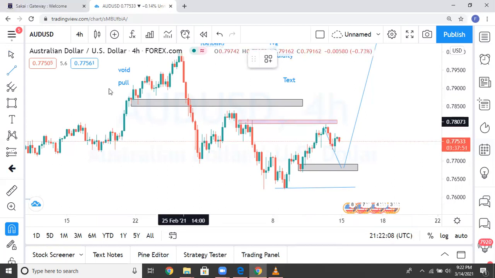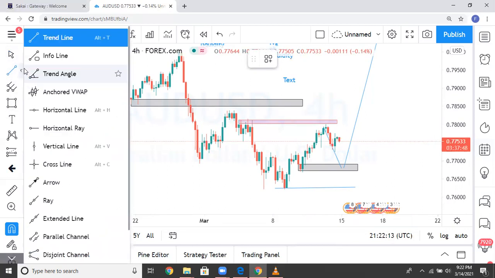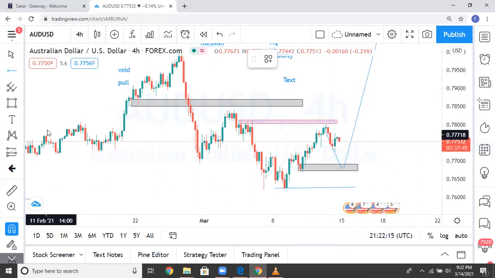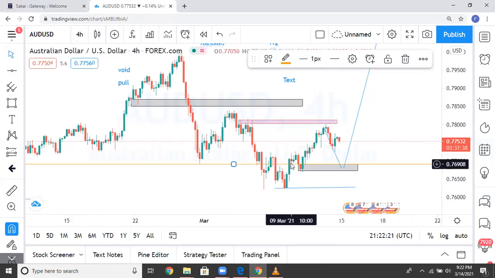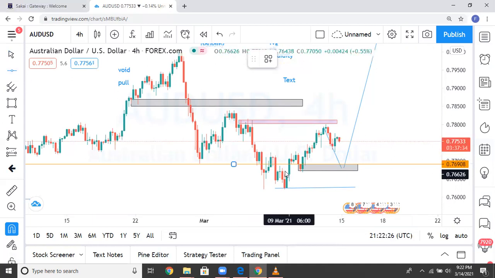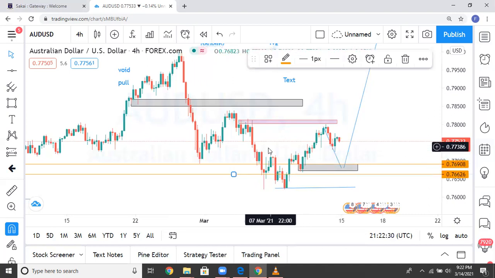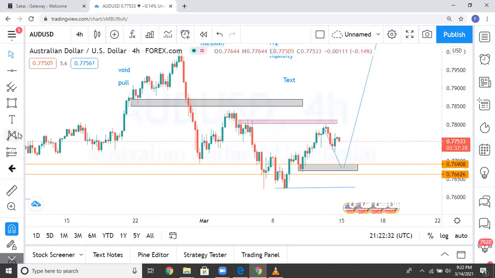Here. Let me use the trend line. No, not this one. So here, that's one, and this another one. Can you see the fair value gap?